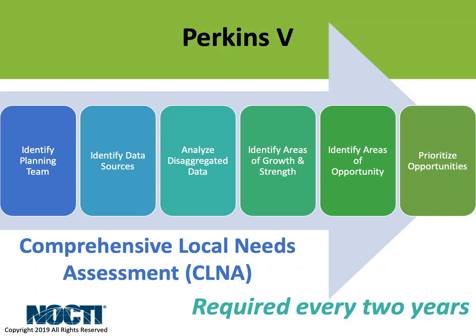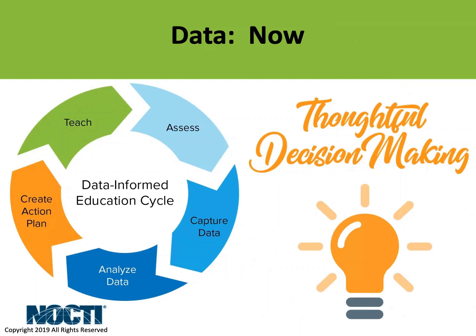My focus in this presentation was mostly about credentials and the data that they provide, whereas the Perkins process is a little bit broader. They're drawing data from not just technical assessments, but other resources as well. Nonetheless, the parallel exists between the Perkins process and just an instructional improvement cycle.